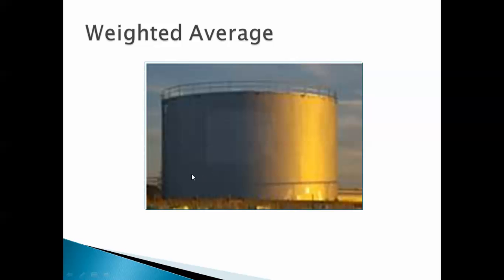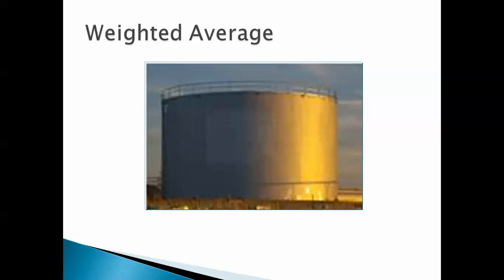It's all going to get mixed up. So we're going to have to calculate a weighted average, using the proportional amounts to calculate a weighted average cost. I say weighted average because it is different than a simple average, and I will be demonstrating that. So now you have a visual of all of the different types of inventory valuation methods.